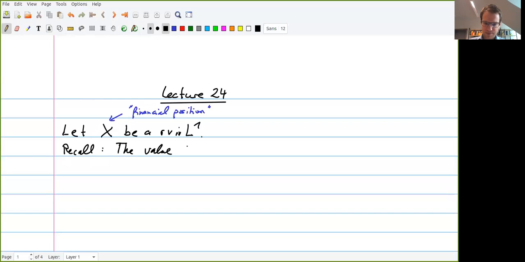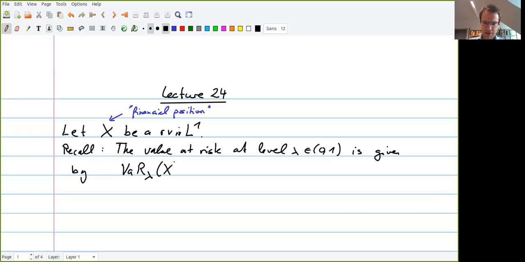Value at risk at level lambda, between 0 and 1, is given by the following formula. So VaR, value at risk, level lambda of the financial position X, is just given by minus the quantile.